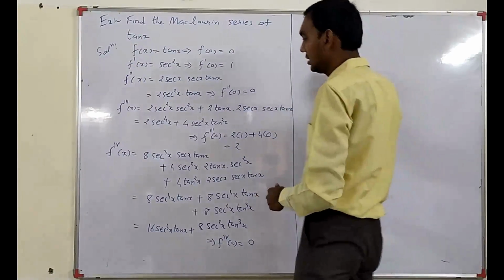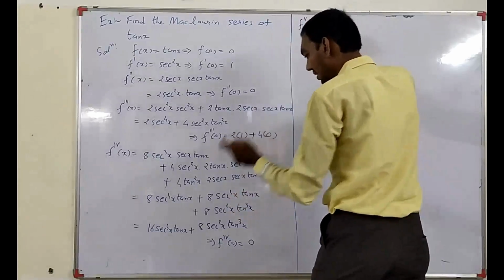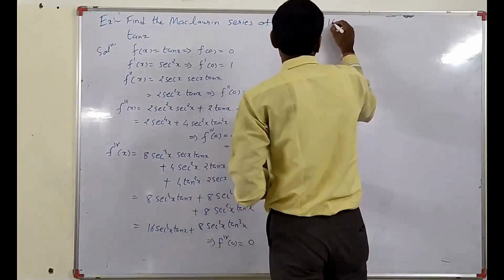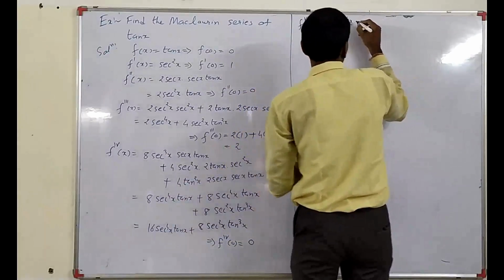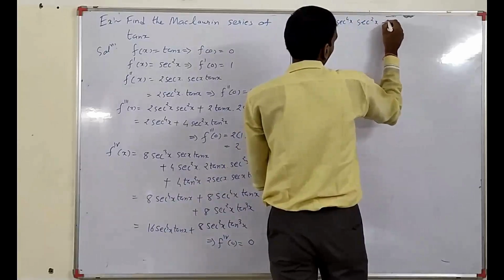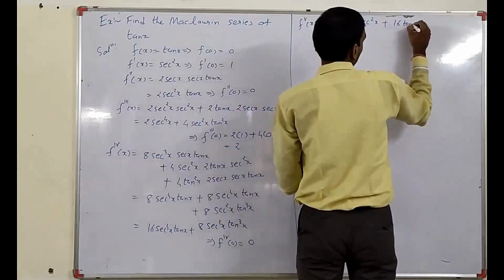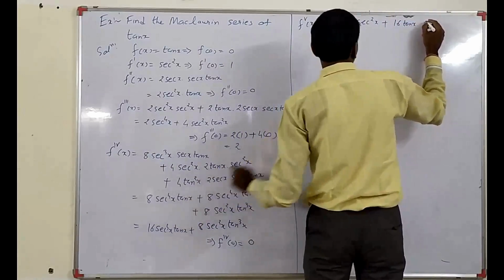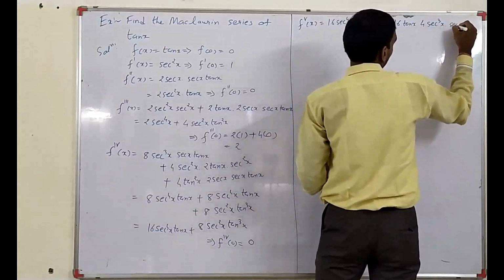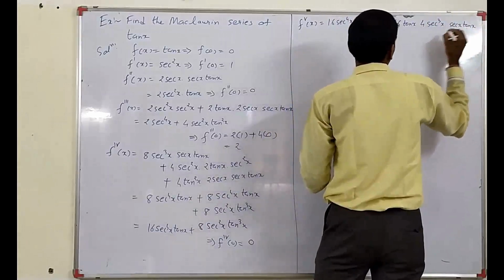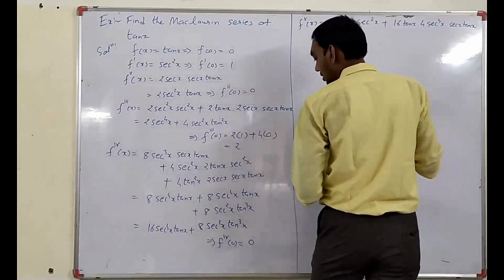So again differentiating this one, f^(5)(x). Now here again applying u into v. So 16 sec raised to 4 x, tan has a derivative sec square x, plus tan x as it is, so 16 tan x as it is, sec raised to 4 has a derivative 4 sec cube x into sec x tan x, plus here again we are going to apply u into v.